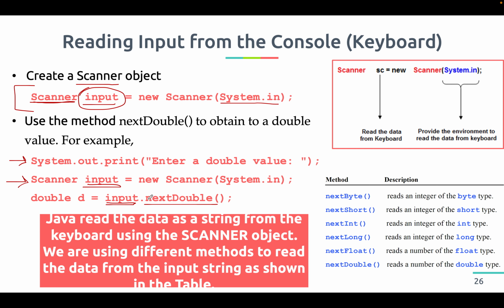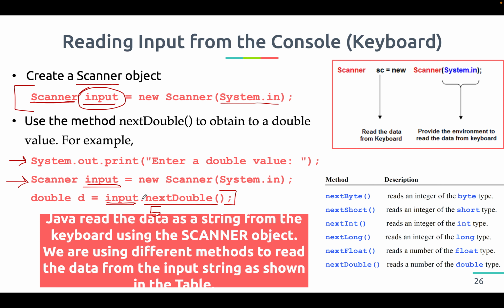So the way that we write this method is dot next double. And then here our program will wait for the user to enter a double value, and then this double value that will be entered, let's say the user entered 5, for example, this 5 will be stored in a double variable called d, and it will store this value of 5.